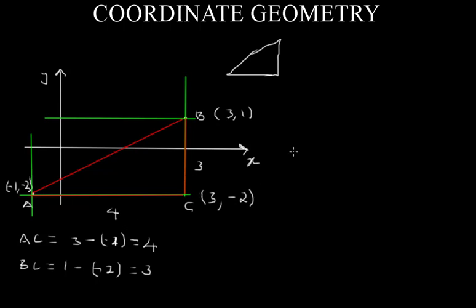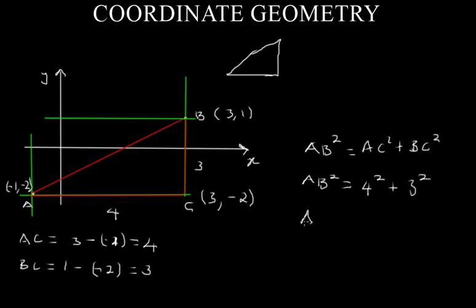So we'd have AB squared equals AC squared plus BC squared. What is our AC? Our AC is 4, so we'd have 4 squared plus, what is our BC? Our BC is 3, so we'd have 3 squared.